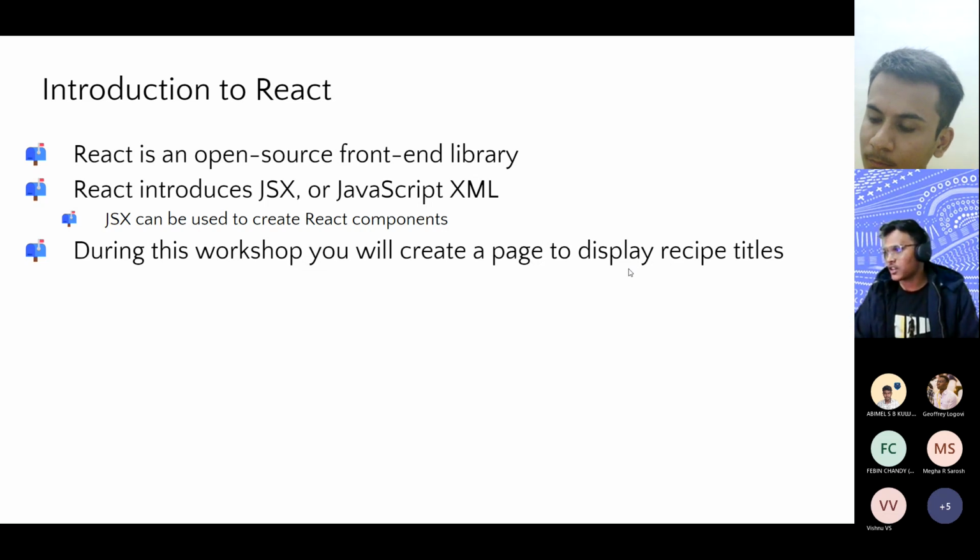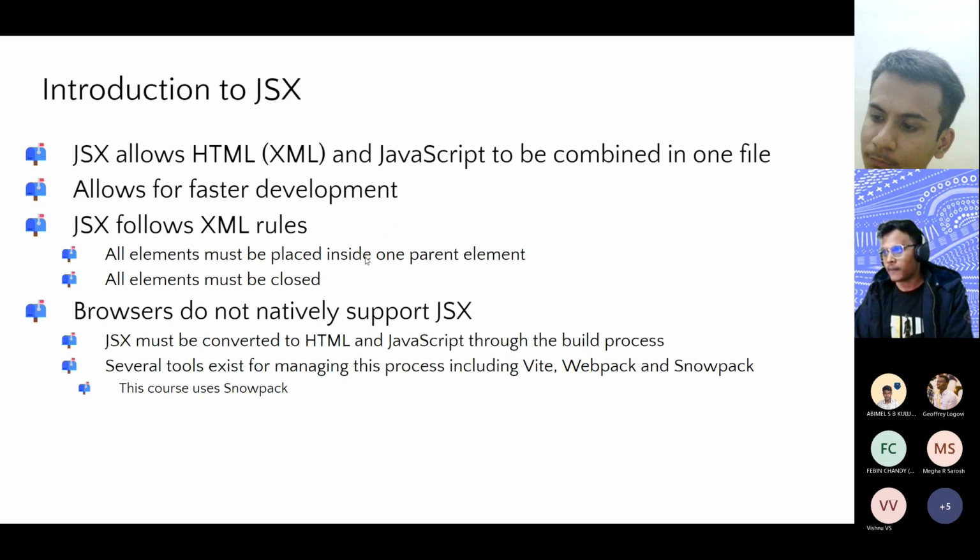We are just going to display those recipe titles in a component. And I already explained about JSX. Instead of creating different files for HTML, CSS, and JavaScript, you can use all that in a single file, so it enables faster development.